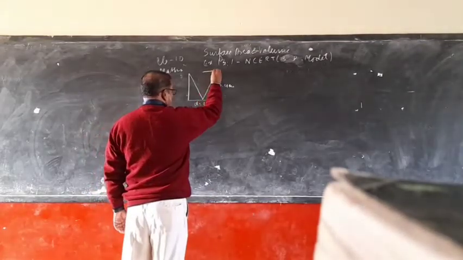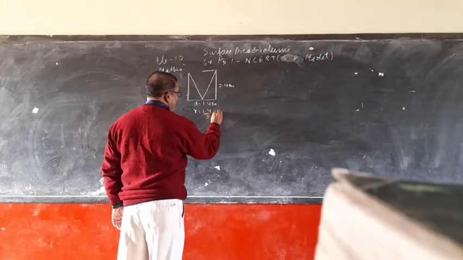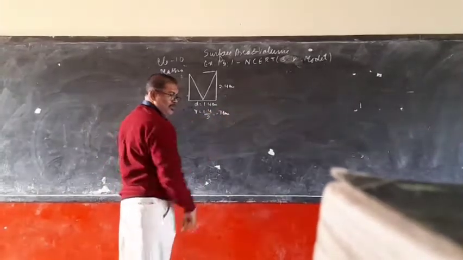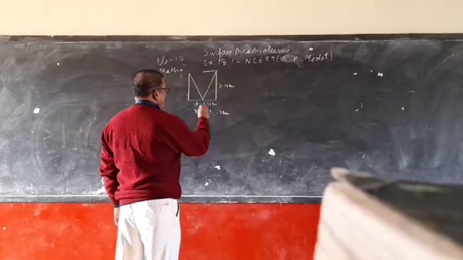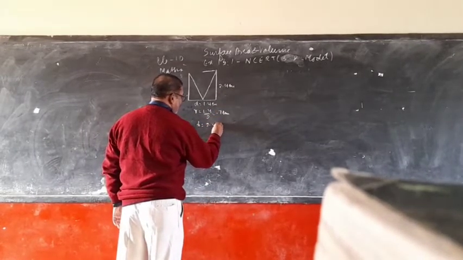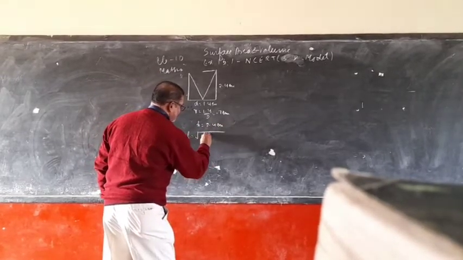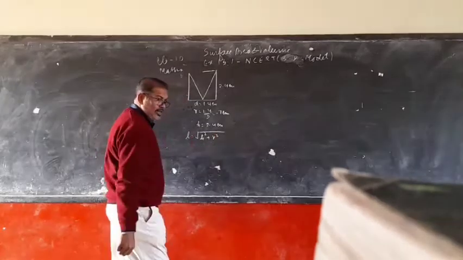Here the radius is equal to 1.4 upon 2, that is equal to 0.7 centimeter, and height is equal to 2.4 centimeter. So what will be the L? L is equal to the square root of h square plus r square.